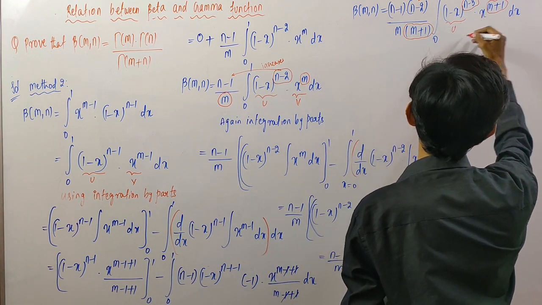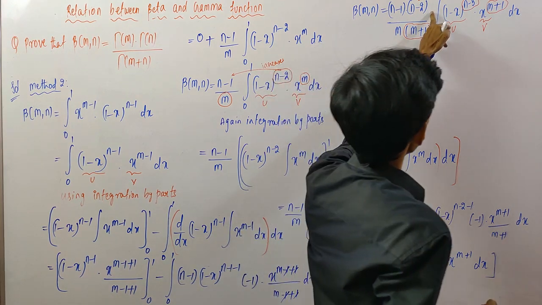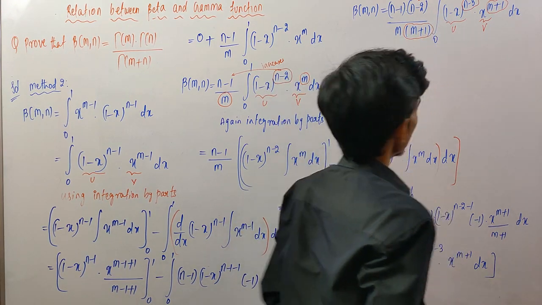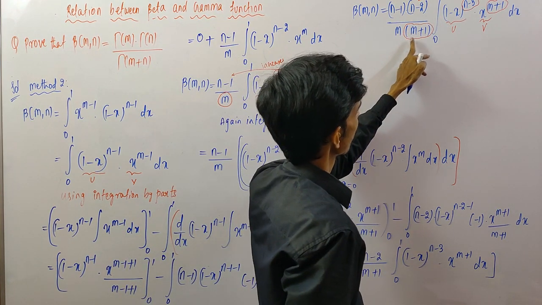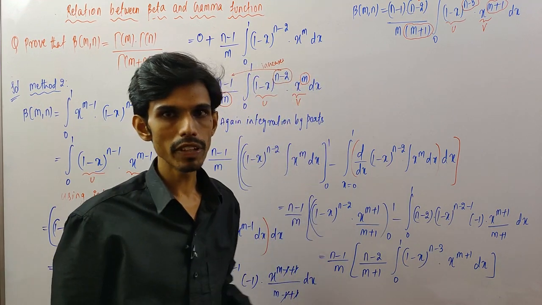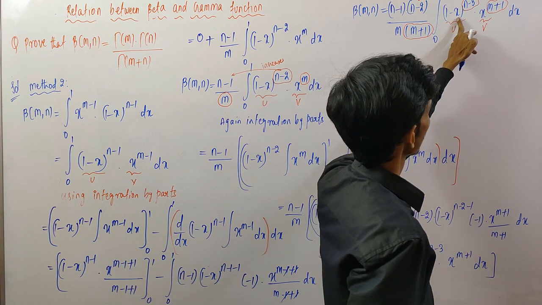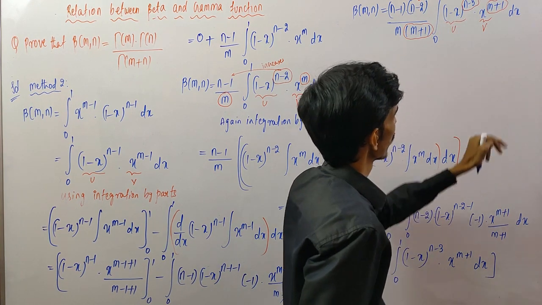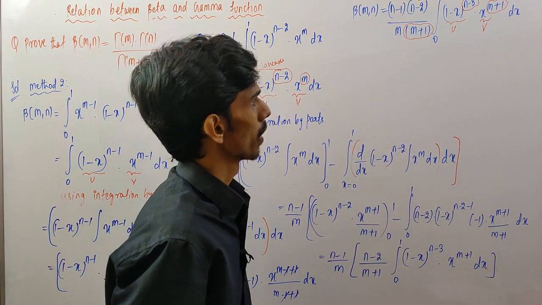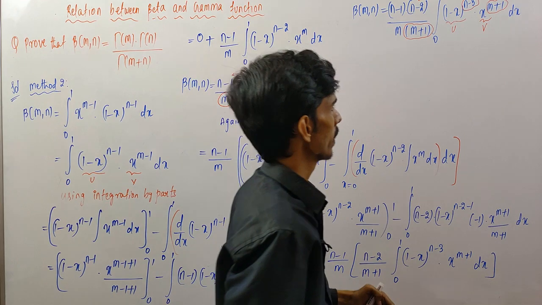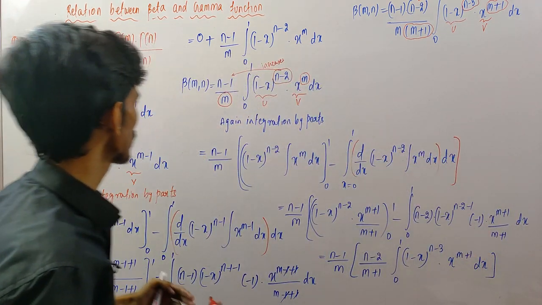Again, if I take this value as u, v, then we will get n minus 3 into m plus 2. It means that this value of n is decreasing and this value of m is increasing. This process of integration will continue till all powers of 1 minus x vanish and the power of x increases up to the highest power of this expression.